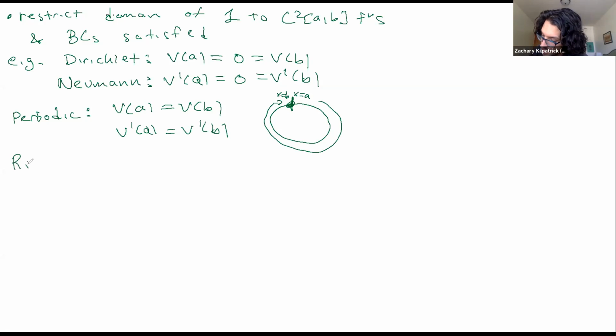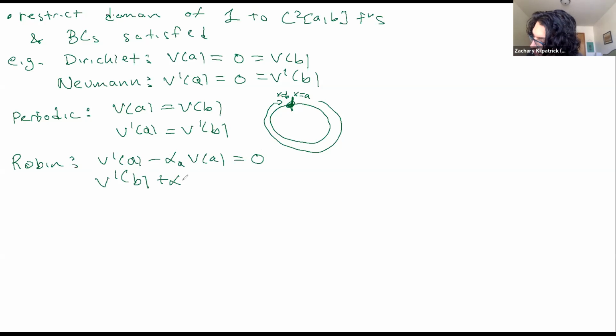Or as we talked about some on Friday, you could have what are called Robin boundary conditions, where you have V prime of A minus some scaling, alpha A, V of A equals 0, and V prime of B plus alpha B, V of B equals 0. Sometimes these are called partially absorbing boundary conditions.